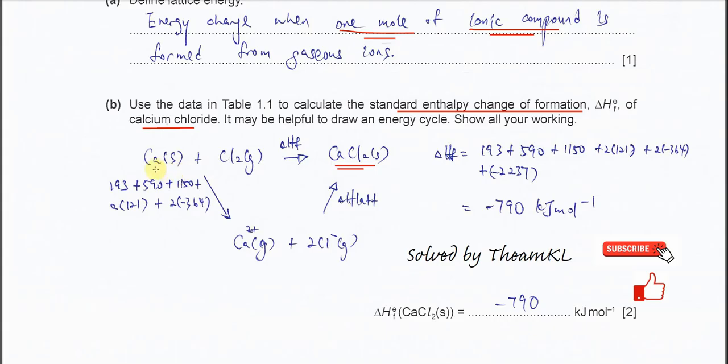The elements involved must be calcium and chlorine. When these two elements react and form 1 mole of the compound, we say that this is the enthalpy change of formation, which means when you start to calculate this and draw the energy cycle, you must start with this one. You have to construct the equation for the formation.